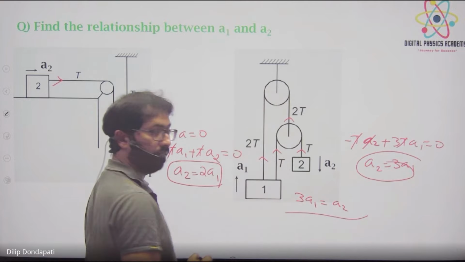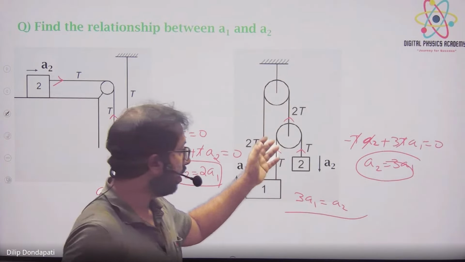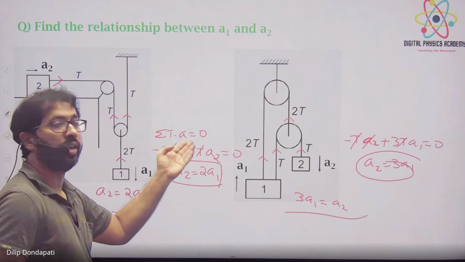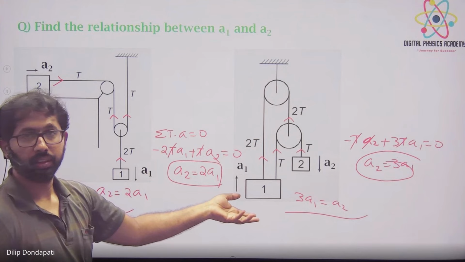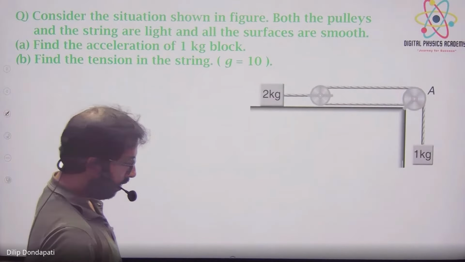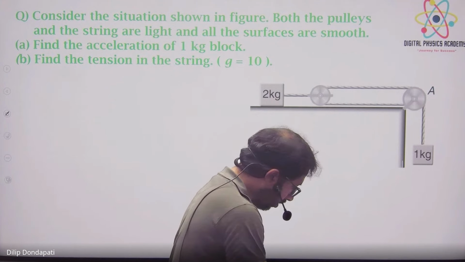Since they are asking for acceleration, that's why you are using sigma. If they ask velocity, apply sigma T dot v equal to 0, that's it. Okay, do it and give the final answer.